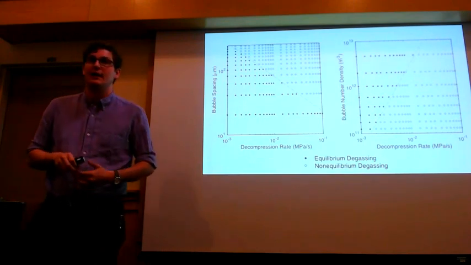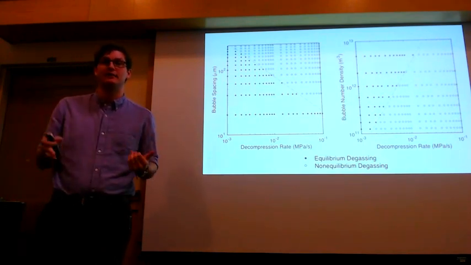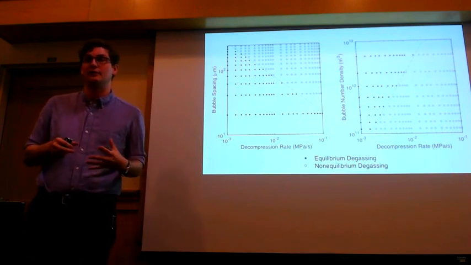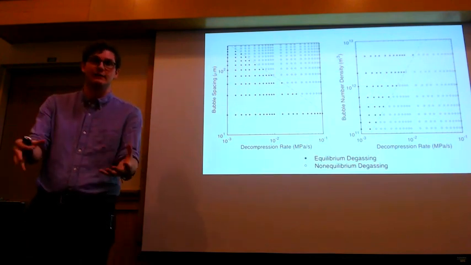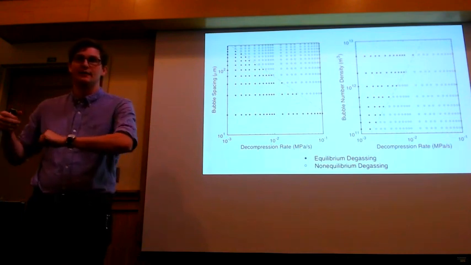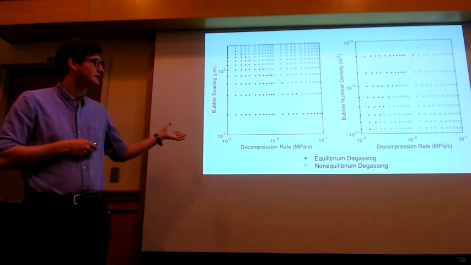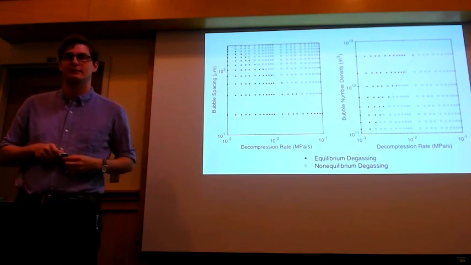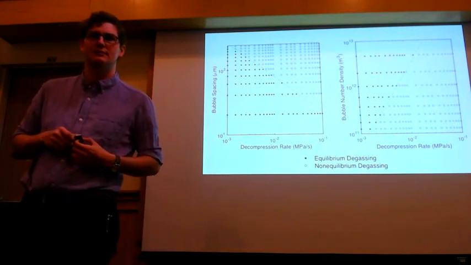And that's determined by the final conditions once the final pressure is hit. We check whether our system, once we fully decompressed, is in equilibrium or not in equilibrium. And if it's in equilibrium, we plotted a closed point, and open if it's not in equilibrium.